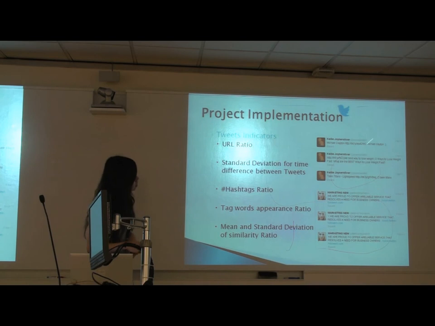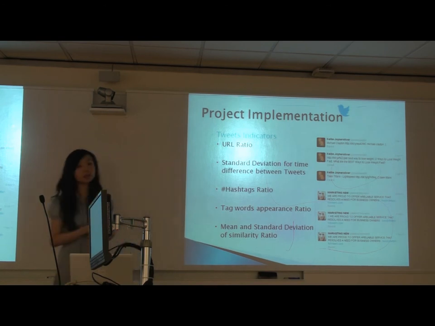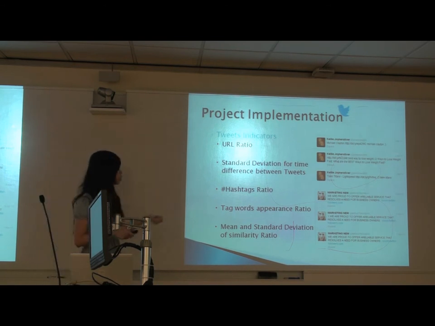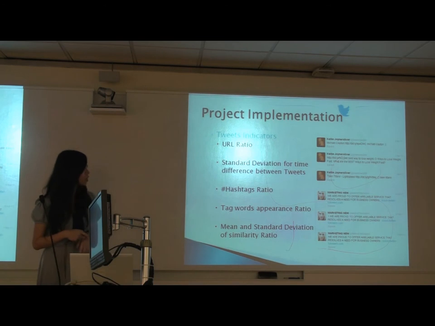For example, you can see the URL in different tweets. But normal users do not always include URLs in their tweets. So by analyzing their URLs, you can get a hint of whether this account belongs to a spammer.